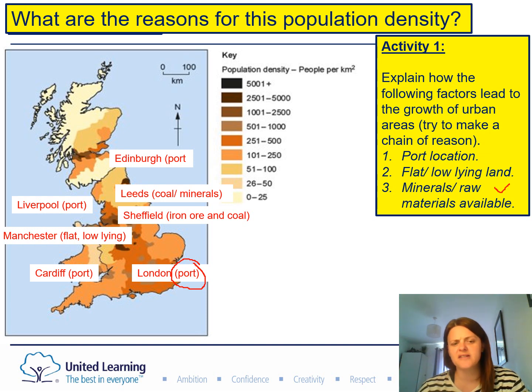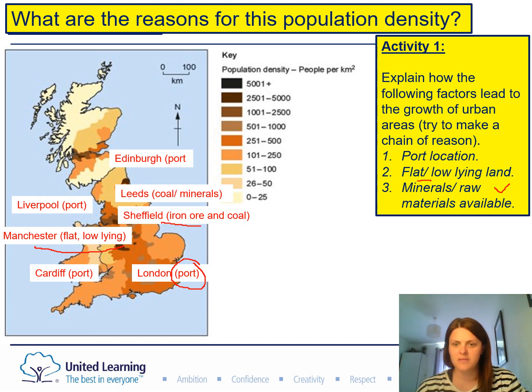We've got other places though, like Manchester. Manchester is quite flat and low-lying. That means it hasn't really got many hills or very high land. Why would that be a reason for lots of people to live there? Then we've got these places like Sheffield and Leeds. Now these places are very famous for their coal mining and then iron ore mining.